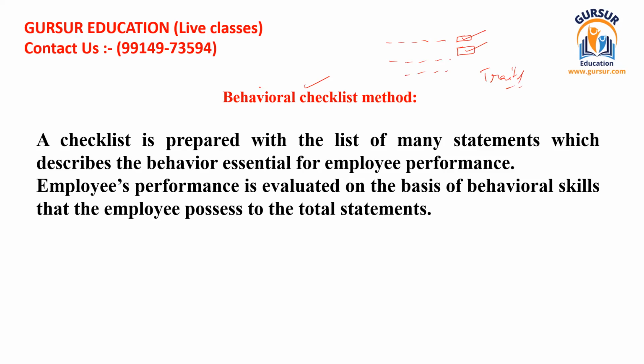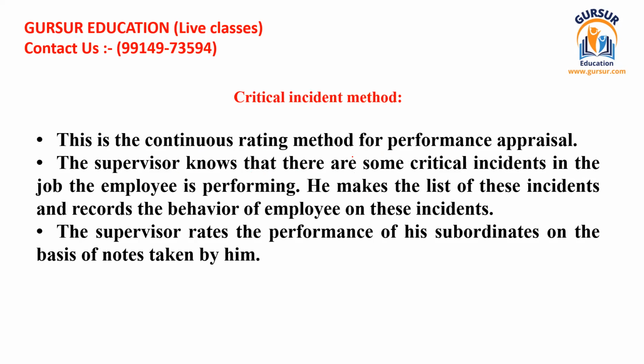These are related to the behavior of the employee regarding a specific task or duty or performance. So a checklist is prepared with many statements which describe the behavior essential for employees' performance. Then performance is evaluated in the same way as under the checklist method. Employees' performance is evaluated on the basis of the behavioral skills that he possesses relative to the total statements.